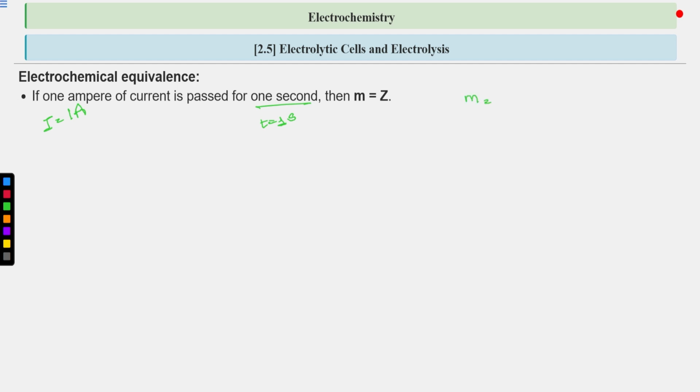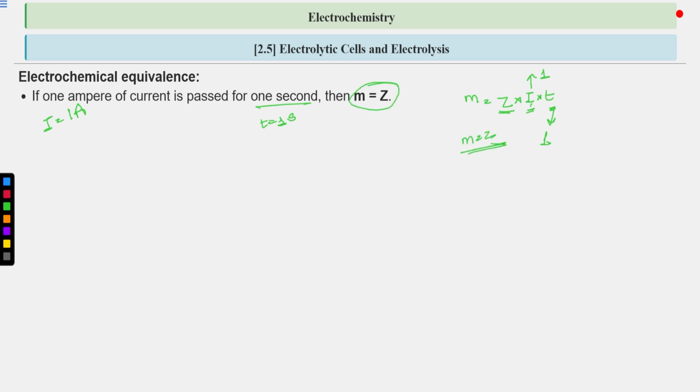Because M equals Z times I times T. Z is the electrochemical equivalent, I is the current, and T is the time. If 1 ampere of current is passed for 1 second, then 1 times 1 will be 1 and Z times 1 will be Z. So M will be equal to Z.